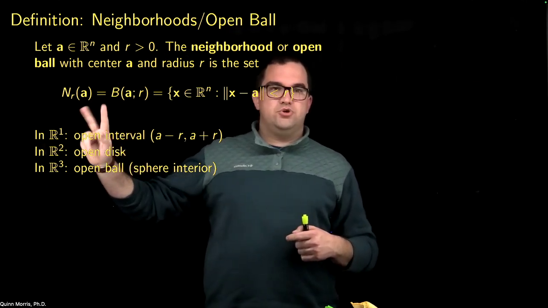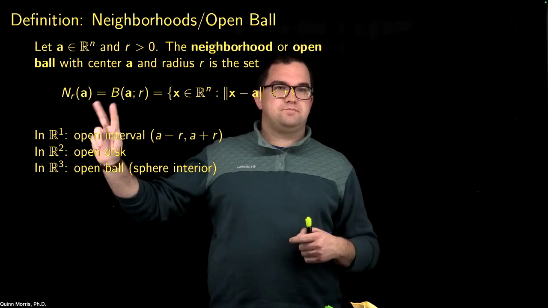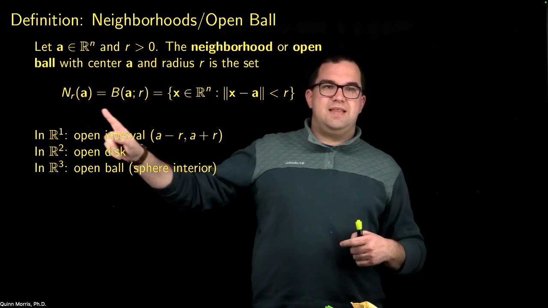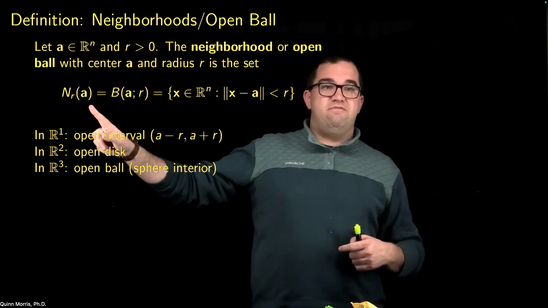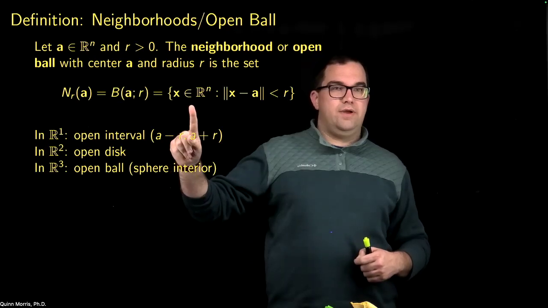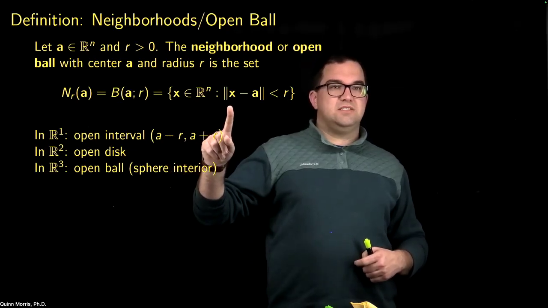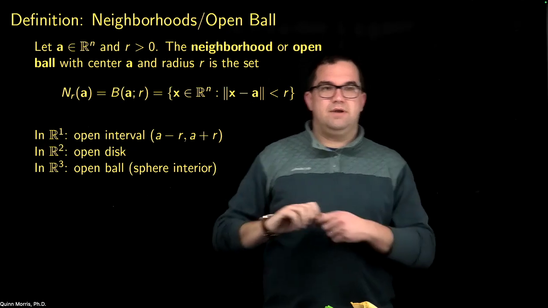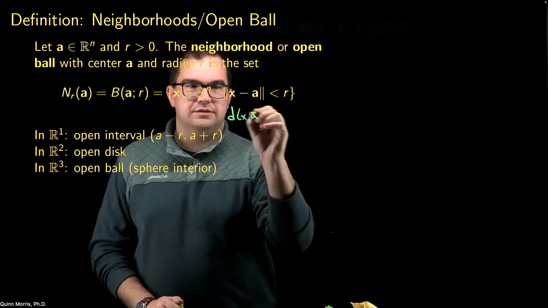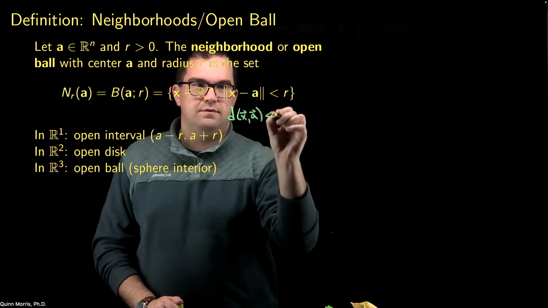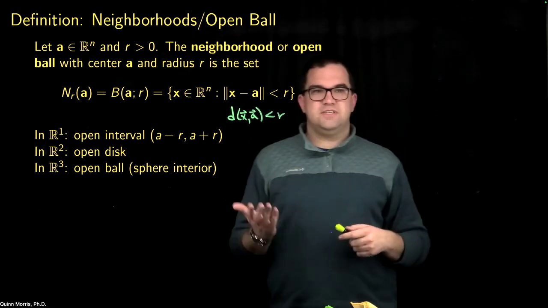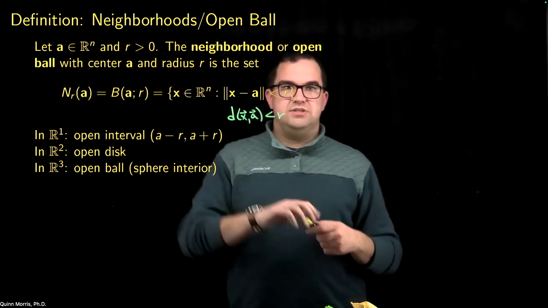Now, these are just two notations that mean the same thing. And then what is the neighborhood of radius R around the vector A? It's just the set of all other vectors x in Rn such that the distance between x and A, because this is really just another way of writing the distance between x and A, is less than R. Now, if you go back to 5610, this is pretty much exactly how we did it.